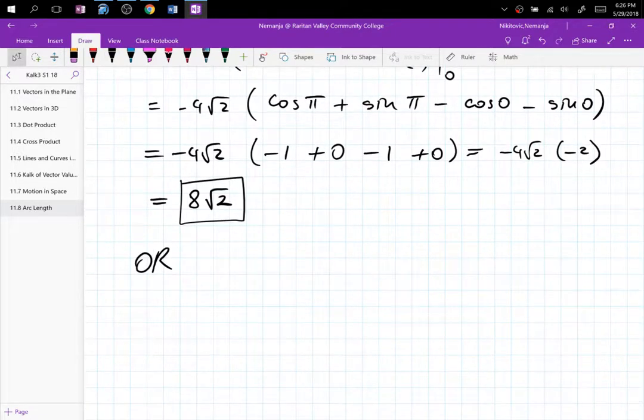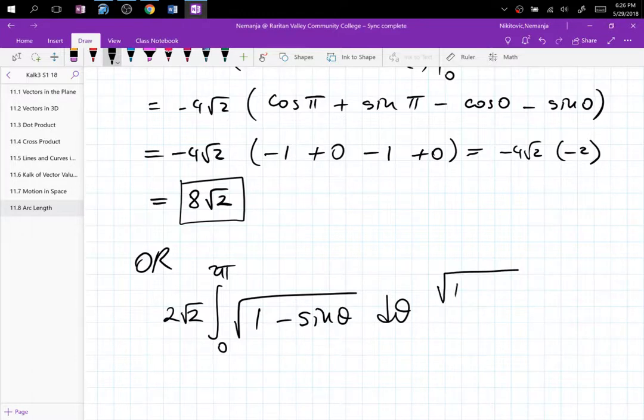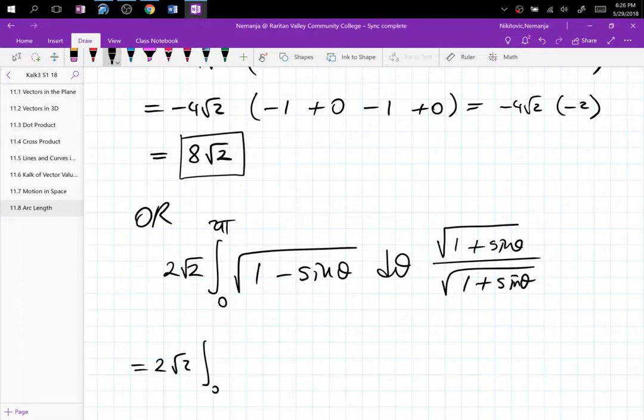It had to be 2 root 2 integral 0 to 2 pi square root of 1 minus sine theta d theta, and say conjugate, which is square root of 1 plus sine theta over 1 plus sine theta. I'm not sure what that would bring, but let's see. 2 root 2 integral 0 to 2 pi, and now we have on top 1 minus, oh my god, this is so easy now.